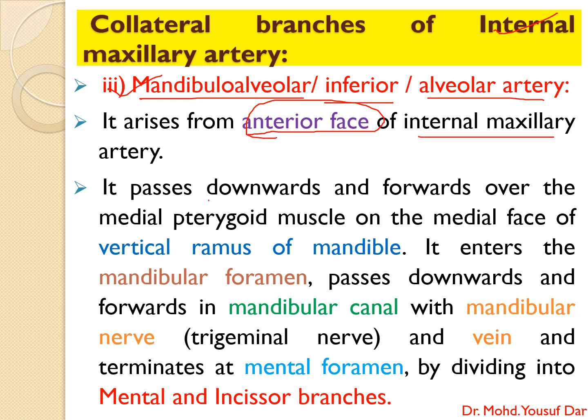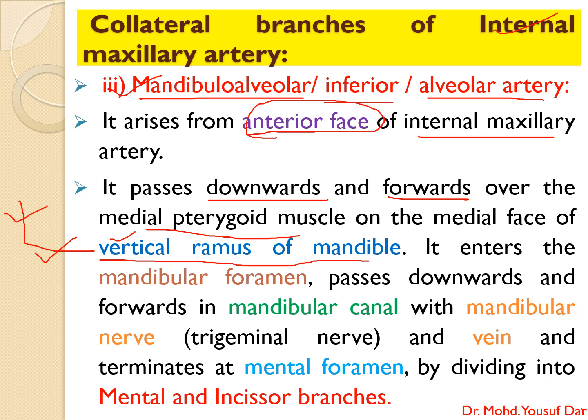It passes downwards and forwards over the medial pterygoid muscle on the medial face of the vertical ramus of the mandible. A mandible has a vertical ramus and a horizontal ramus, and this artery reaches the medial face of the vertical ramus.